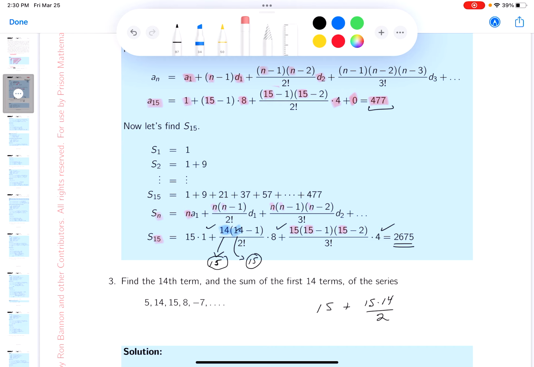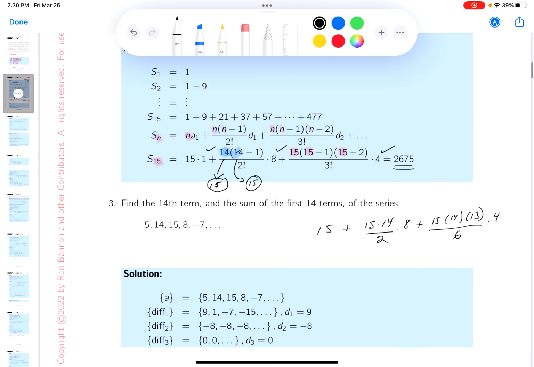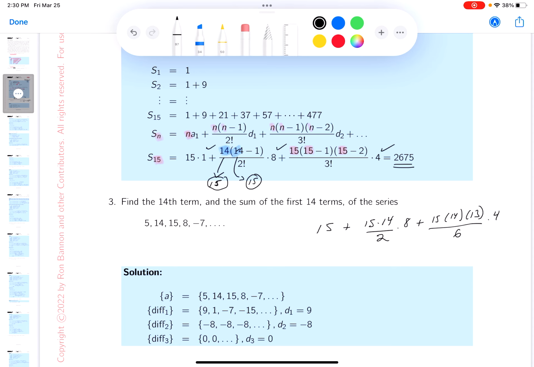That's times 8. Sorry about that. I'll go through that arithmetic a little bit later. Plus 15, 14, 13, divided by 3 factorial, which is 6, and then times 4. And again, I'm checking to see if my answer is incorrect. What do you get over here? I know I have to correct my key, by the way, because those numbers are incorrect there.